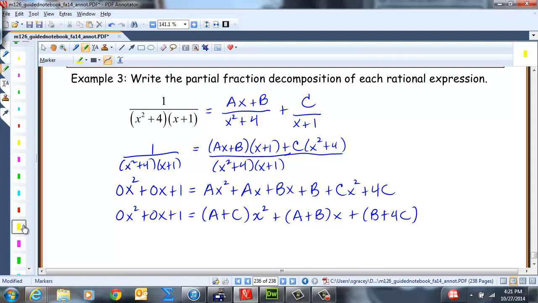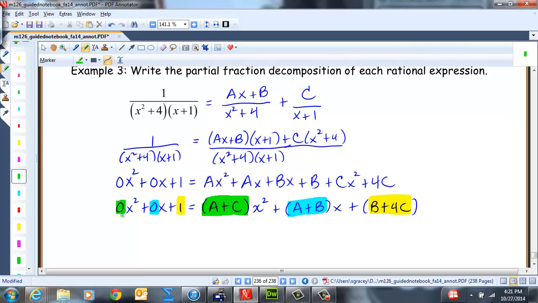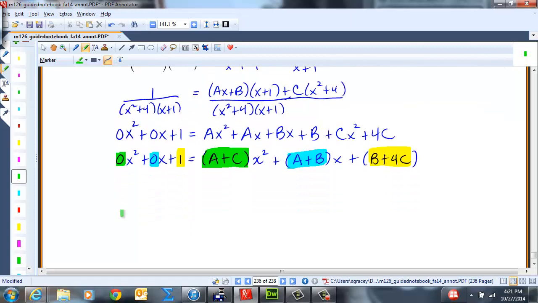So this one I think will be pretty easy to solve, I hope. The constant terms equal 1. The coefficient of x will be equal to 0. And the coefficient of x squared is equal to 0 as well. So equating the greens, we'll have a plus c is 0.